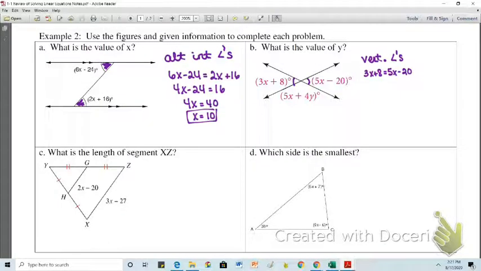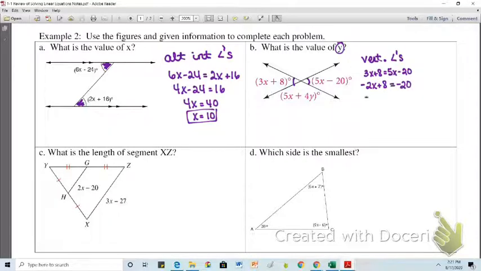Now you may be asking, why am I solving for x when the question asks me to find y? Well, if I look at the bottom, I have both an x and a y. So I can't solve for y if I don't know what x is. So here we're going to subtract 5x, so I get negative 2x plus 8 equals negative 20.